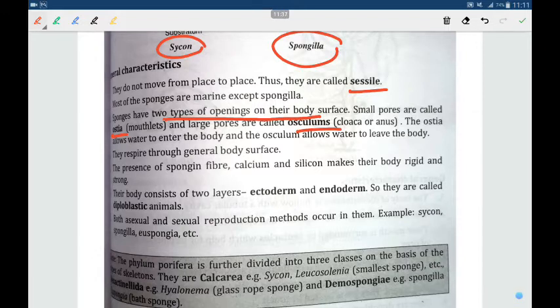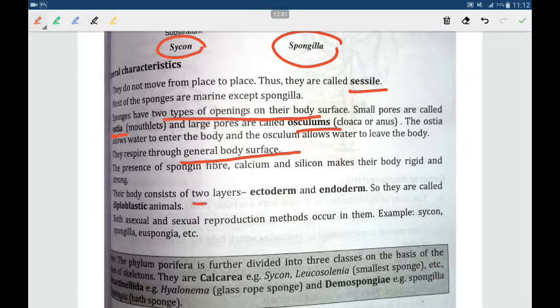Small ostia, large osculum. Next important thing is they respire through their general body surface. From one side oxygen enters, from another side it goes out.